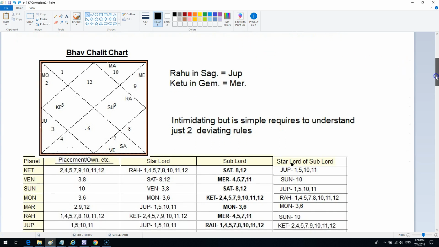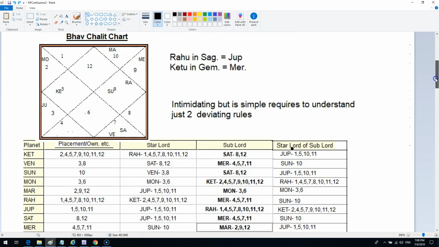And this is the example horoscope that we are going to use in this presentation. This is a Chelit chart or the cusp chart. Just remember that Rahu in this chart is in Sagittarius, so it represents Jupiter, and Ketu is in Gemini, so it represents Mercury.